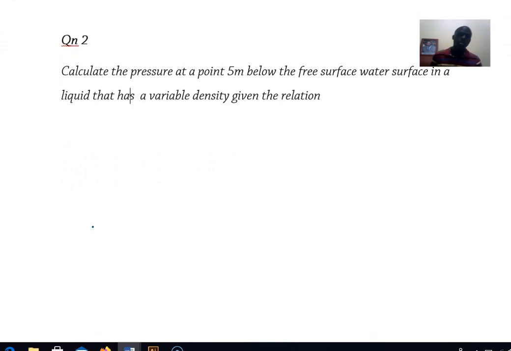Question 2. Calculate the pressure at a point 5 meters below the free surface of water.